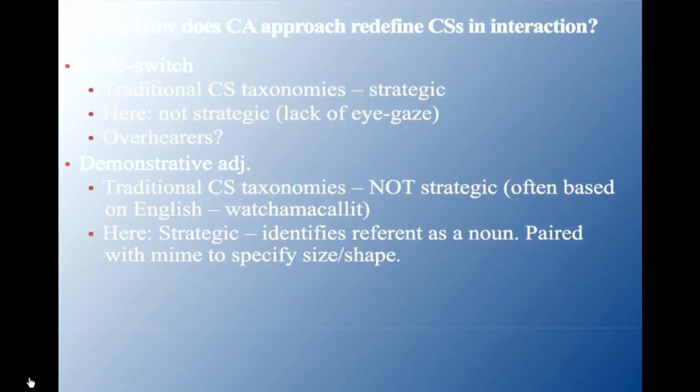And while traditional communication taxonomies may label this type of self-addressed code switching as strategic, even when it's not, Jamie's use of demonstrative adjective kono would not be recognized as strategic under traditional taxonomic definitions when it clearly is.